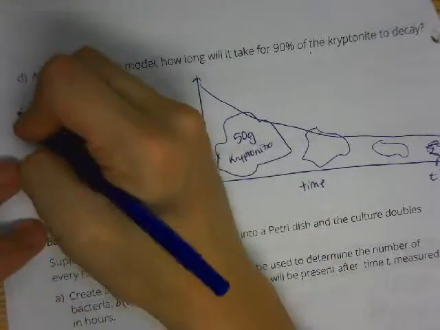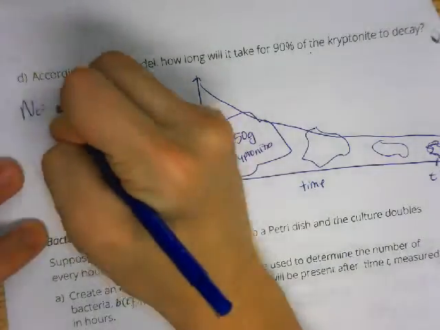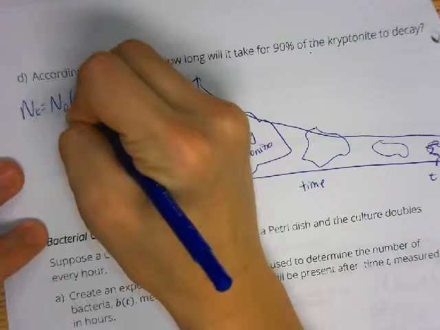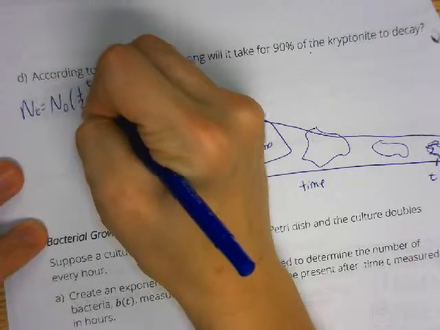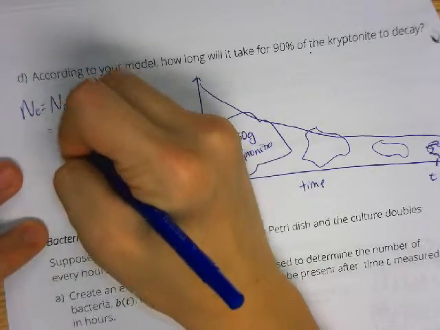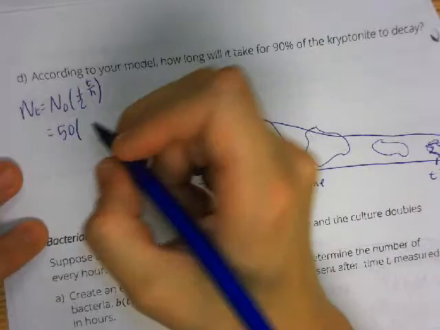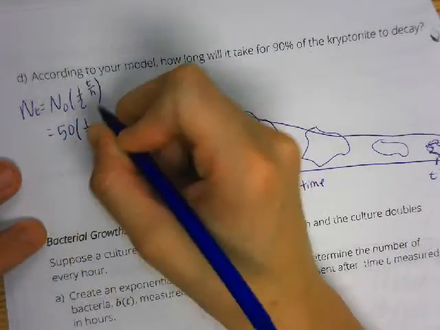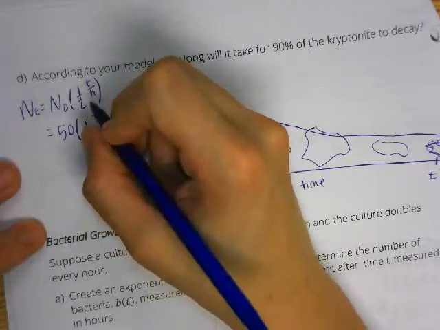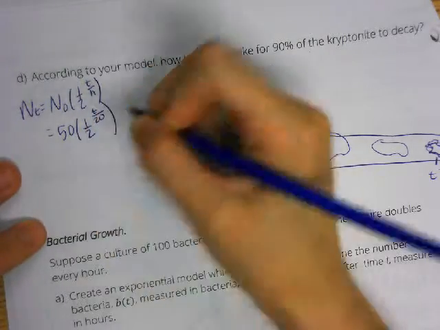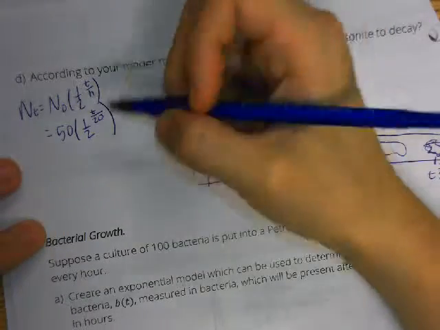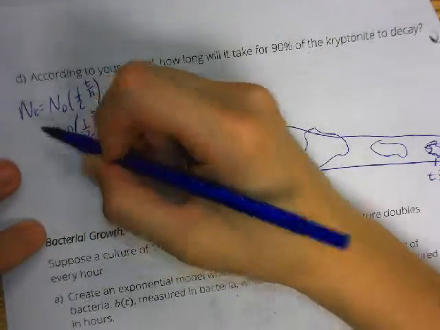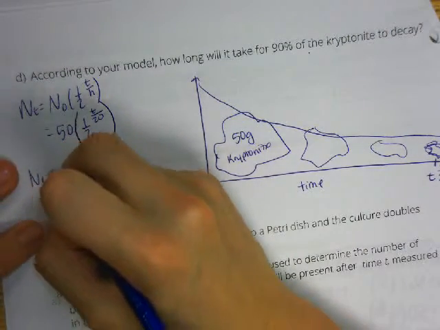We're in the same problem, so we're going to use the same half-life equation. N0 is 50. I still have 1/2. t is unknown. h is 20 days. But I need to think about, what does N(t) equal?